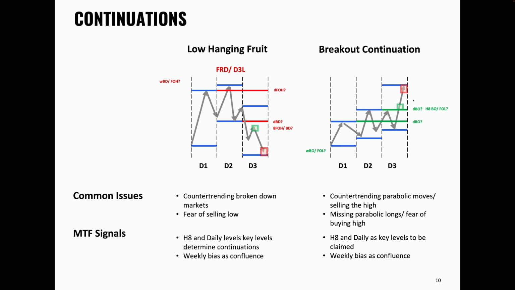So are we in a parabolic up move or coming out of a fake out low? Or are we in a broken down market? Then we are careful. And once timing levels behavior of price confirms here and bias is in your favor, then you just wait for a lower time frame confirmation, and as long as you are outside previous day high, then this can be a very nice setup, and you just take the continuation.